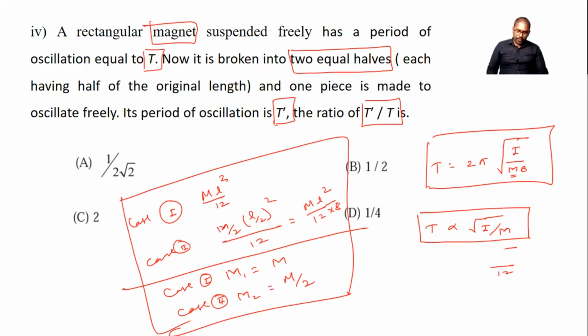So T dash divided by T is equal to the square root of I upon M. T dash, so I is m L square by 12 into 1 by 8, divided by the second I, m L square by 12, multiplied by the dipole moment ratio, since the period is inversely proportional to the dipole moment: the dipole moment of case 1 divided by the dipole moment of case 2.